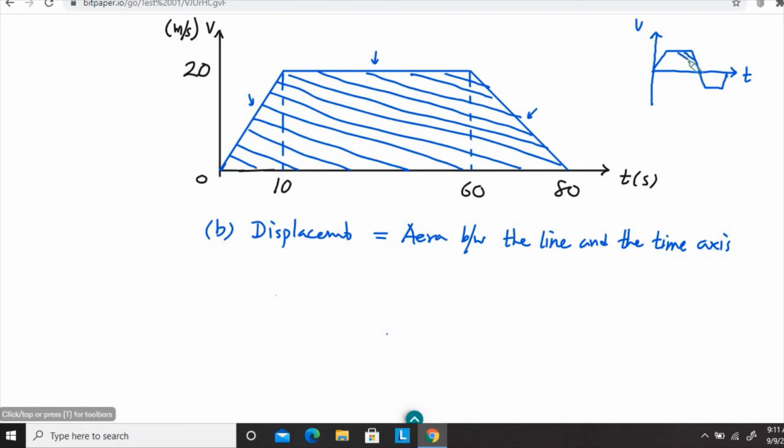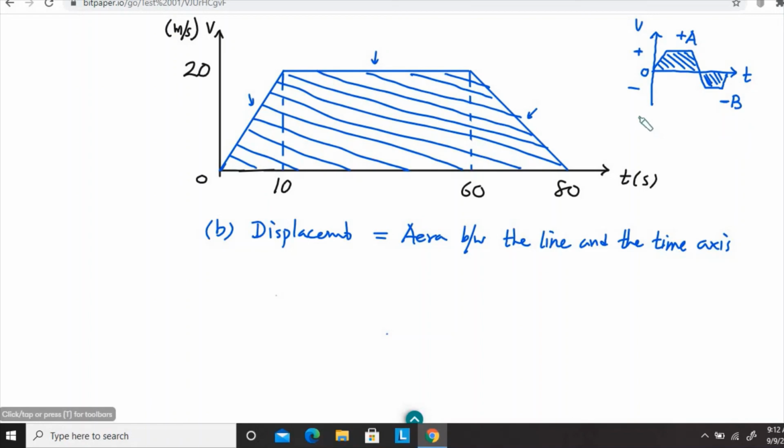Let's say that you get an area over here, let's call it A, and let's call this area B. You should realize that A is on the positive side of the velocity, so that's a positive displacement. Since B is on the negative side of the velocity axis, B is a negative displacement.